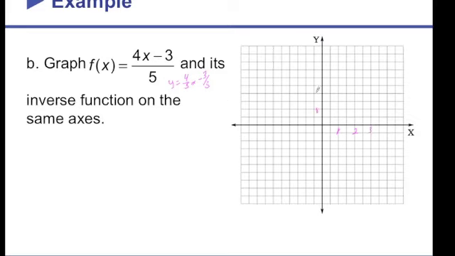I'm trying to get it spread out a little bit more. So negative 3/5 would be about right here. And from there, I'm going to go up 4. So 1, 2, 3, 4, and over 5. 1, 2, 3, 4, 5.